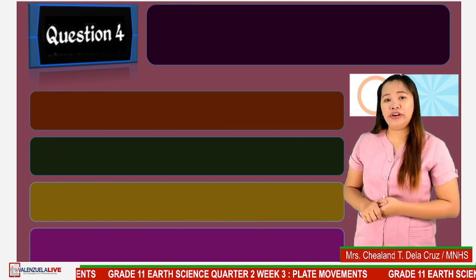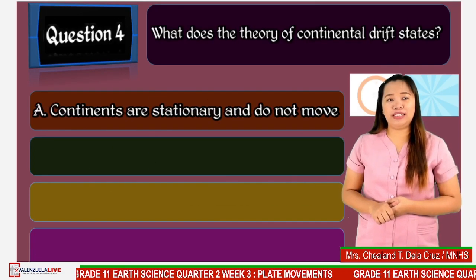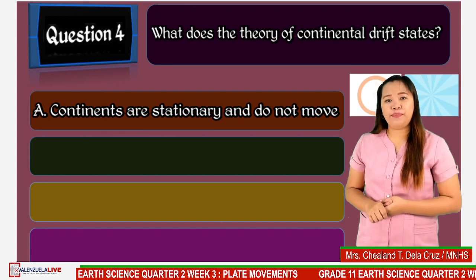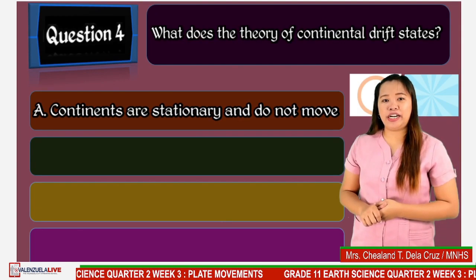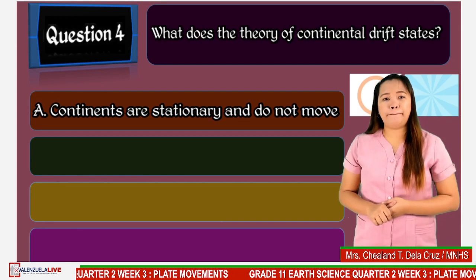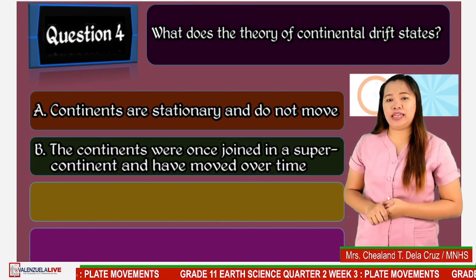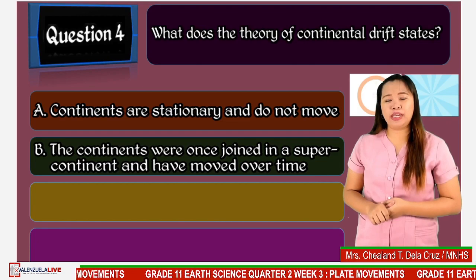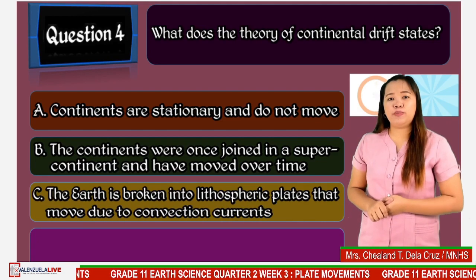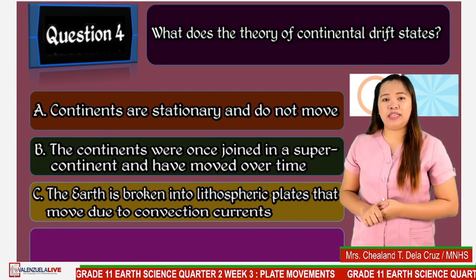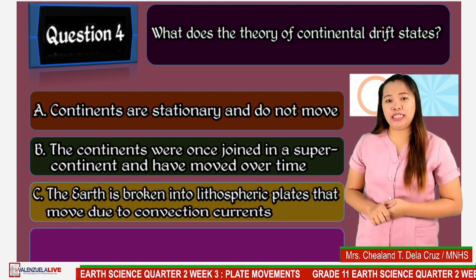Question number 4. What does the theory of continental drift state? A. Continents are stationary and do not move. B. The continents were once joined in a supercontinent and have moved over time. C. The Earth is broken into lithospheric plates that move due to convection currents.